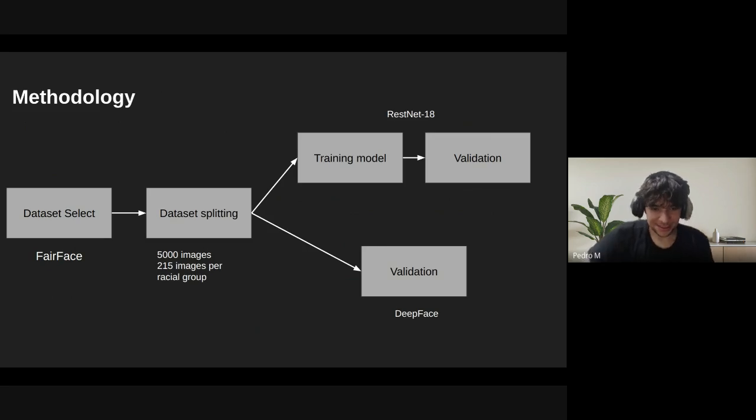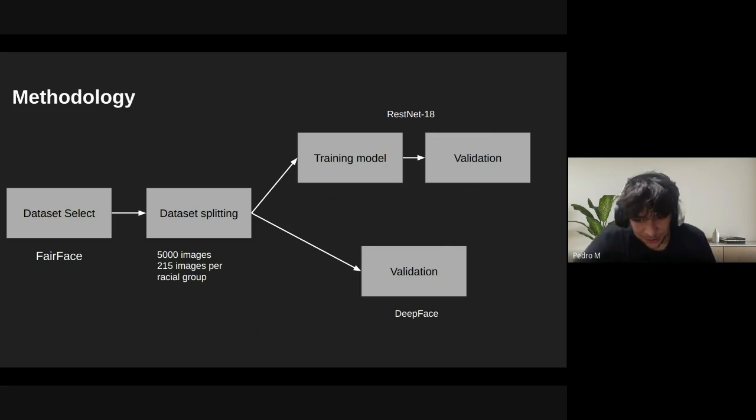First, we selected the Fairface dataset, which contains a diverse and balanced set of face images from multiple racial groups. From this dataset, we extracted a subset of around 5,000 images, including about 215 images per racial group to maintain balance.